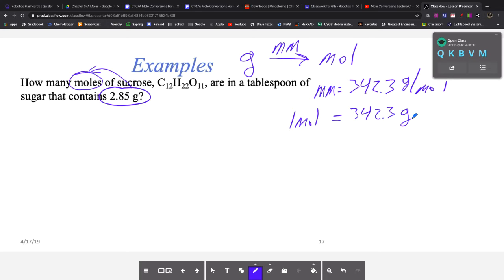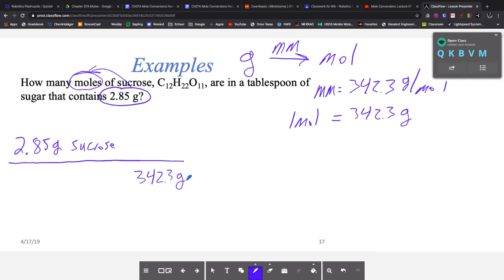So we start with the number we're given, the 2.85 grams. And since grams is on top, we want grams to be on the bottom so that that unit grams will cancel. So we put the 342 part on the bottom. And that means the 1 mole part goes on top.